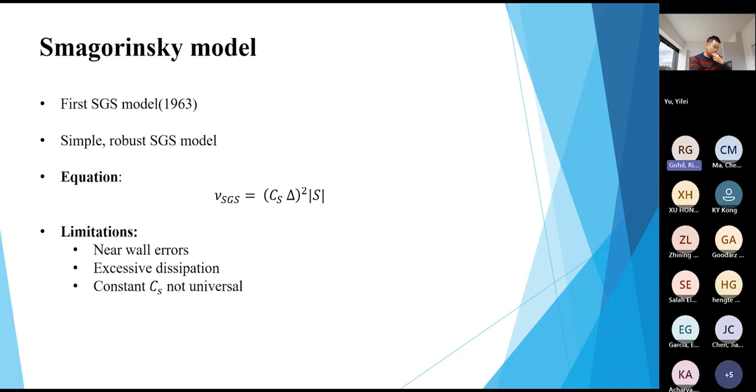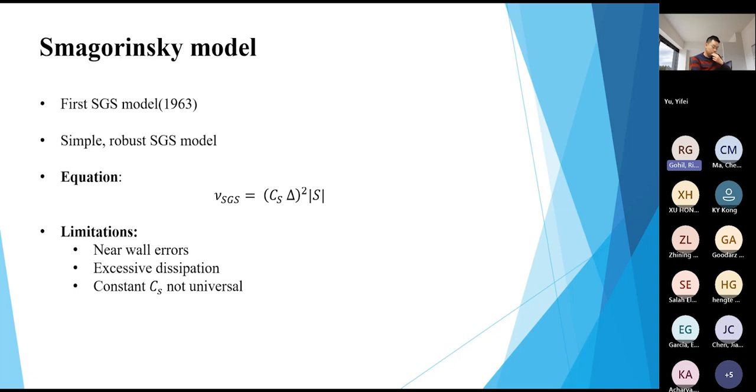Cs is the Smagorinsky constant. Delta is the filter width, which is usually related to the grid size. And this is the magnitude of the strain rate tensor, which measures how fluid elements deform.